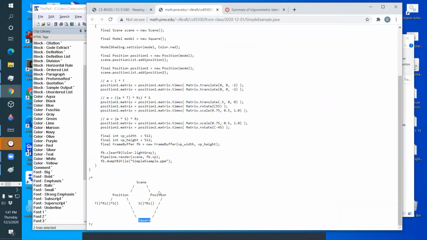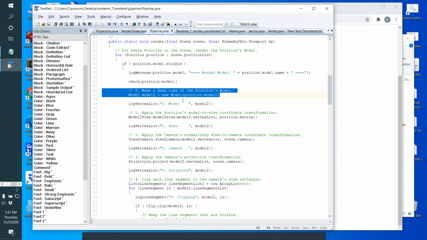Then you'll start here, go here, hit that square model, make a second copy of it. That's how we end up with two squares, because there are two paths in this graph to there. Since there are two paths, two copies are made of that square in this first step, okay?